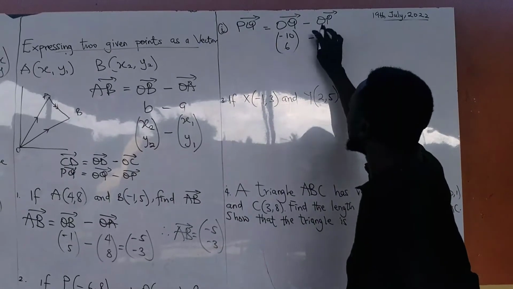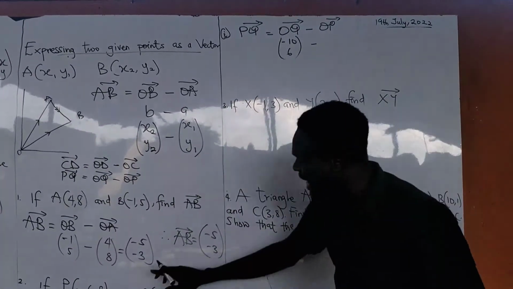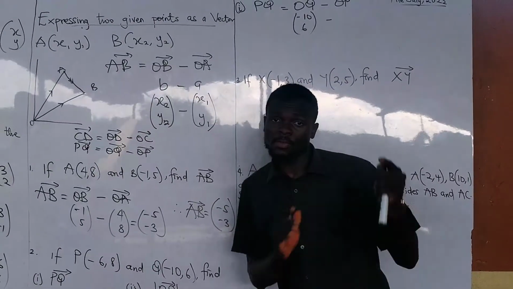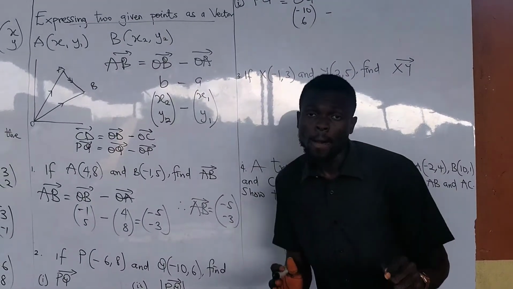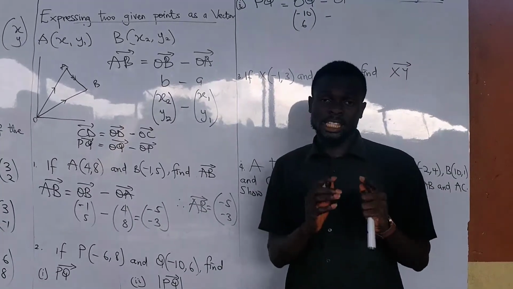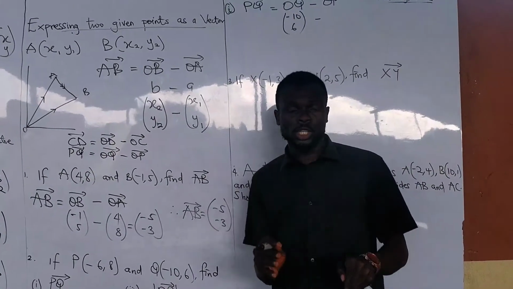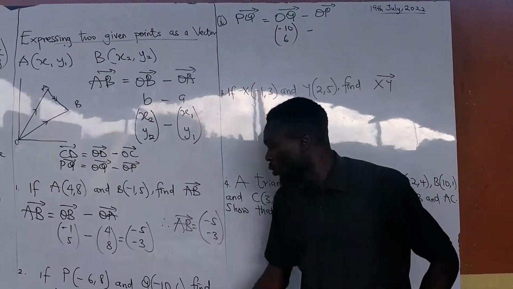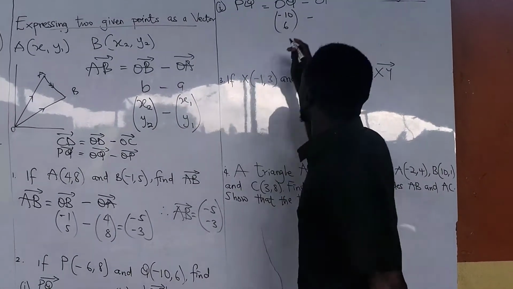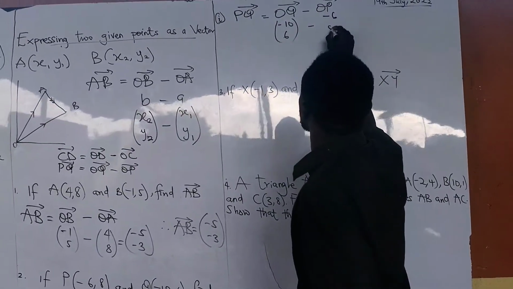Then minus OP. Now the point here is P, which is also referred from the origin O. So it gives us OP as the position vector. So I can now write this point negative 6, 8 as a vector, negative 6, 8.